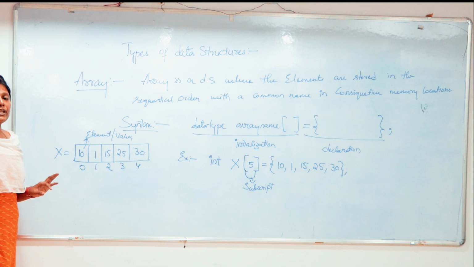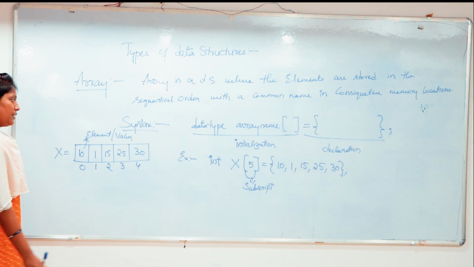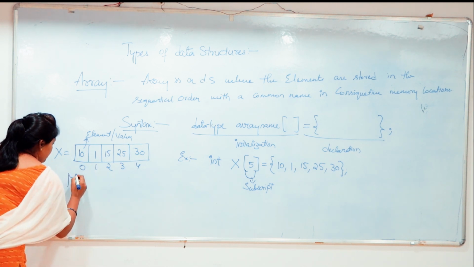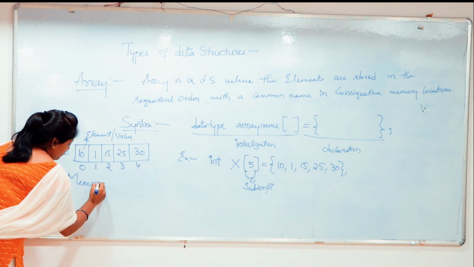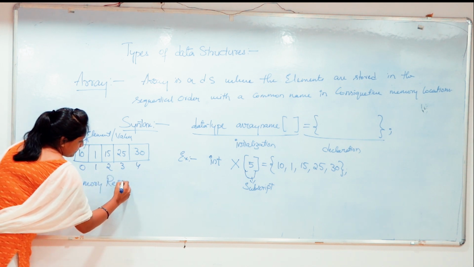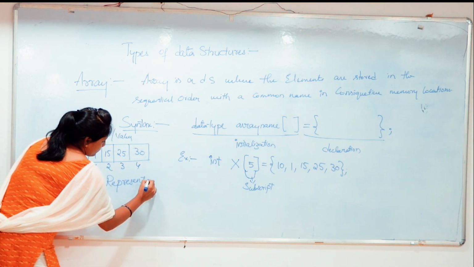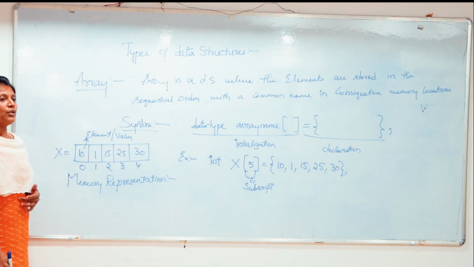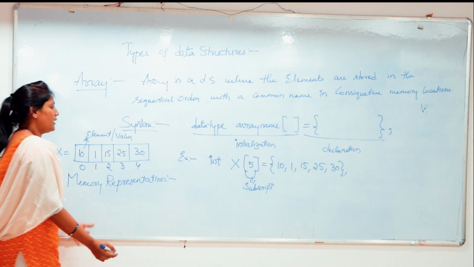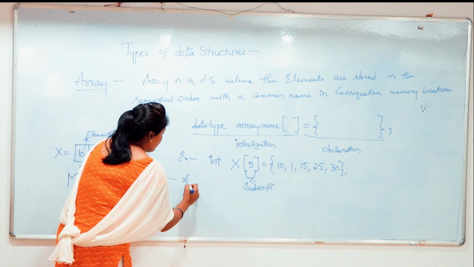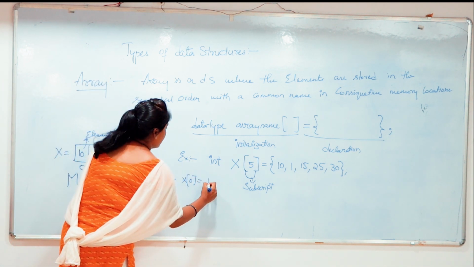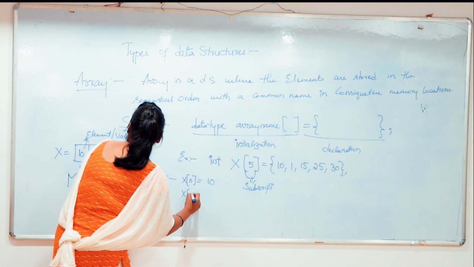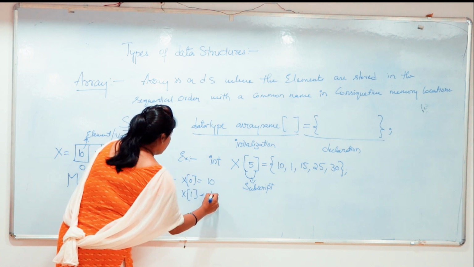And how will this be represented in memory? The memory representation of an array: in the memory, the data will be stored in x of 0, the element is 10. In x of 1, the element is 1.